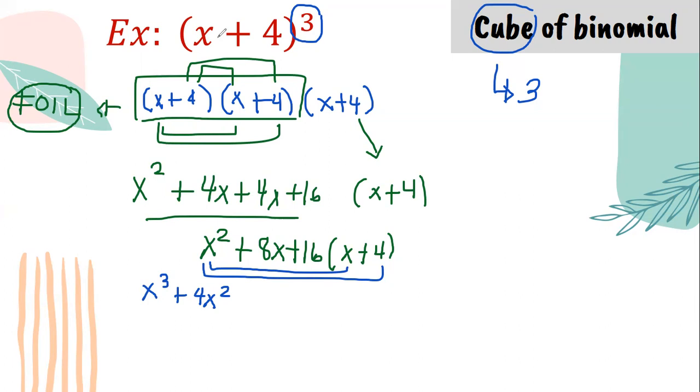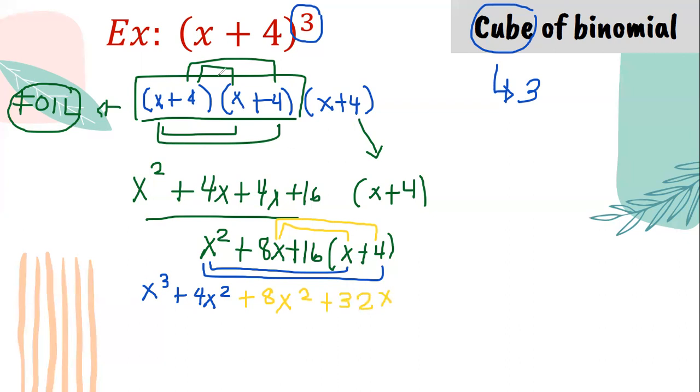Okay, now let's have 8x. No? 8x times x, we have plus 8x squared. And then 8x times 4. What is 8 times 4? Grade 7. Okay, that is 32. So plus 32x.